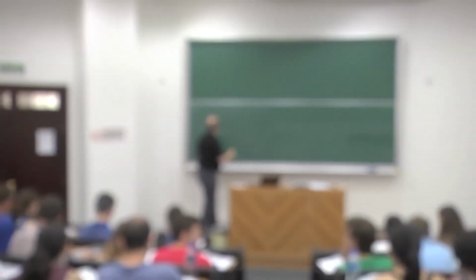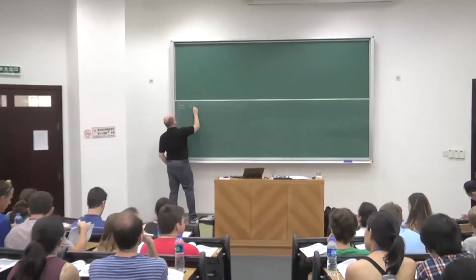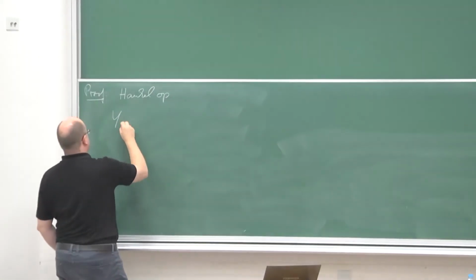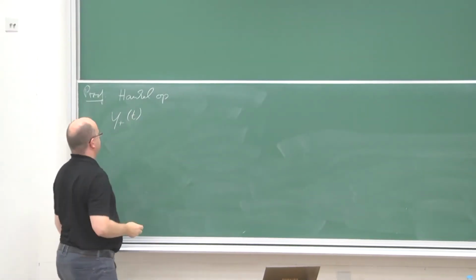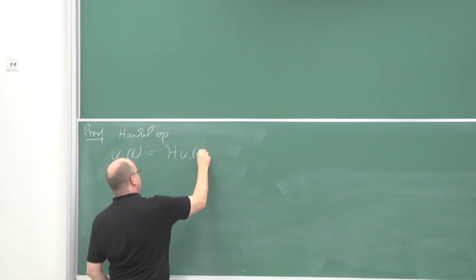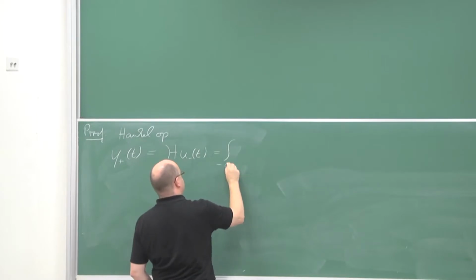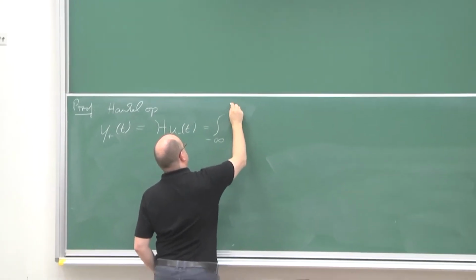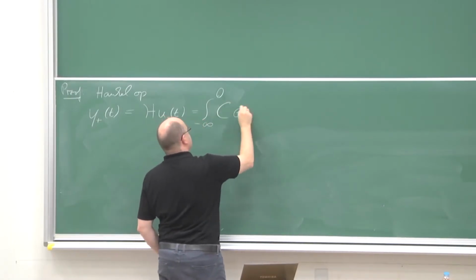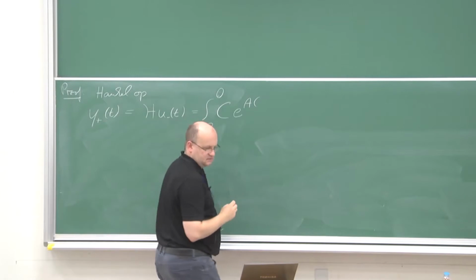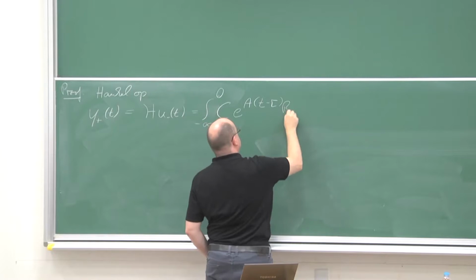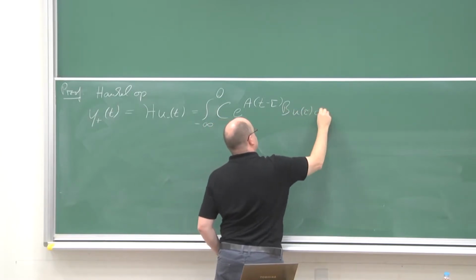So the Hankel operator was defined by y plus of t is the application of H to u minus of t, and was the integral from minus infinity to 0 of C times e to the A (t minus tau) B u of tau d tau.